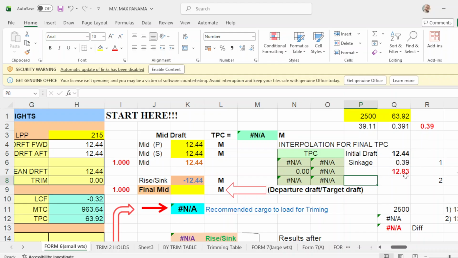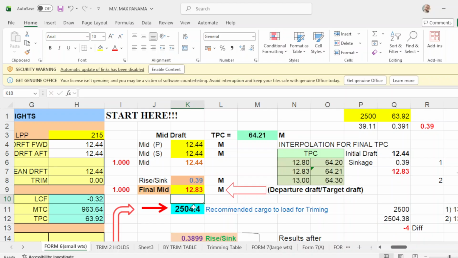So you add this one, so this will be your final departure if you load 2,500, okay. So when you load 2,500, this will be your final draft because of your sinkage of 0.39. So here you put 12.83 as your departure draft, okay.